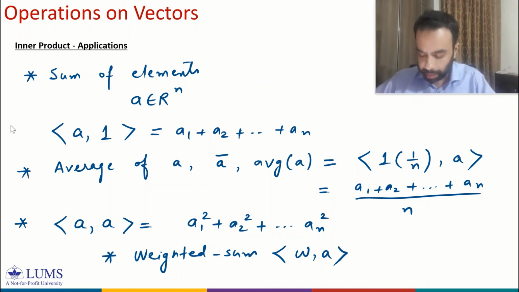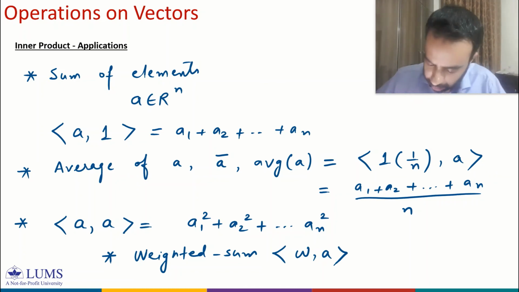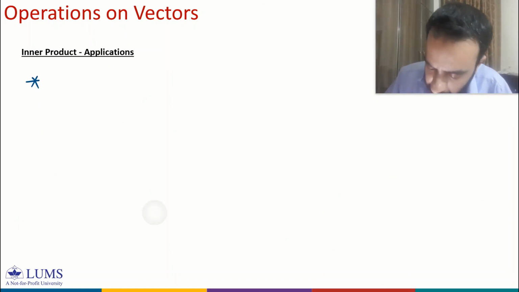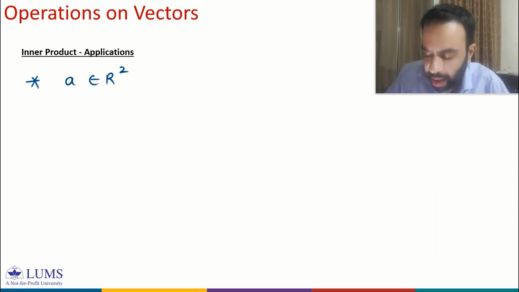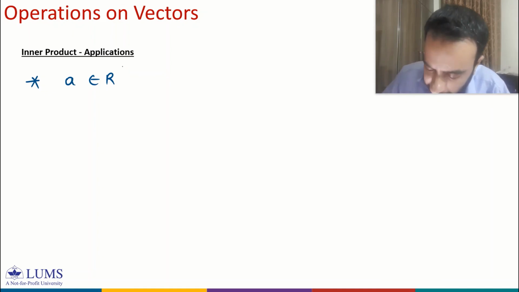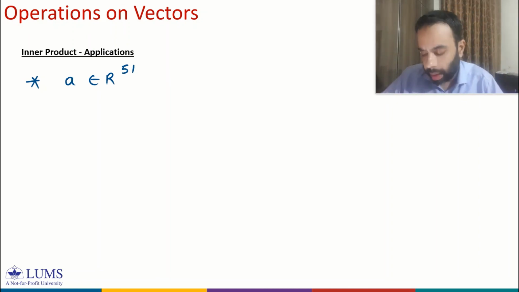Let me explain this further. Say we have an application in which we have two features. Say we have a that belongs to R2. We looked at one example earlier in which we have facial features. So a contains facial features. Say we have 51 features, and we're only interested in the difference of, say, the 30th feature and 31st feature that represents the feature of the left eye, right?